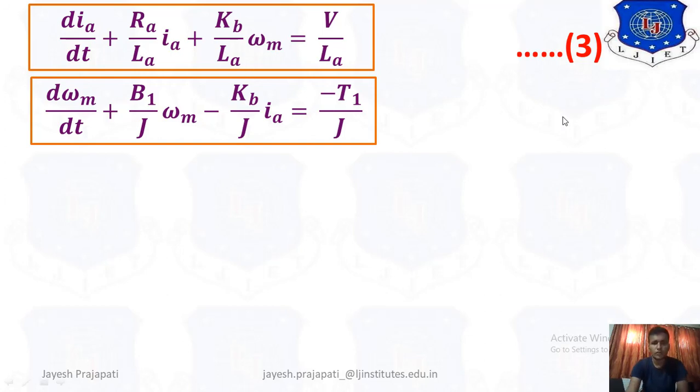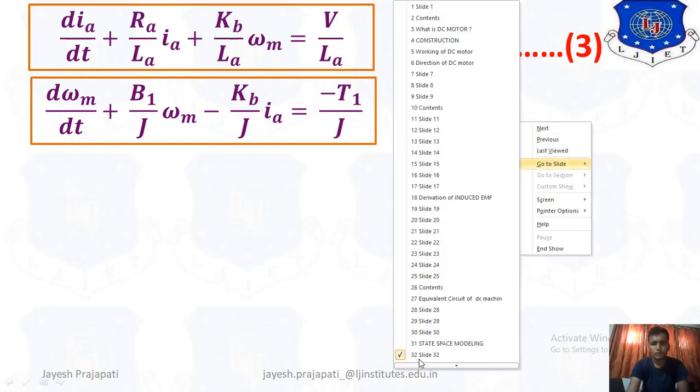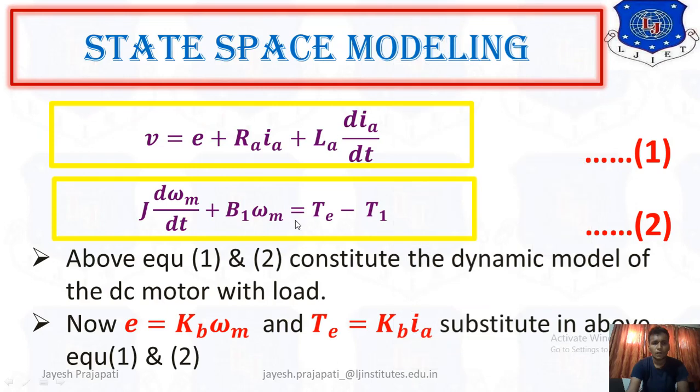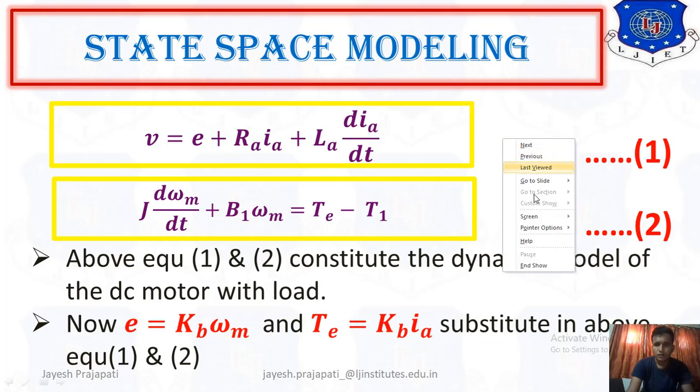So here you can see in this equation we have divided the whole equation by j. So the equation becomes like this: d omega m by dt plus b1 divided by j into omega m, and we have used this Te, and the Te has come to this side.